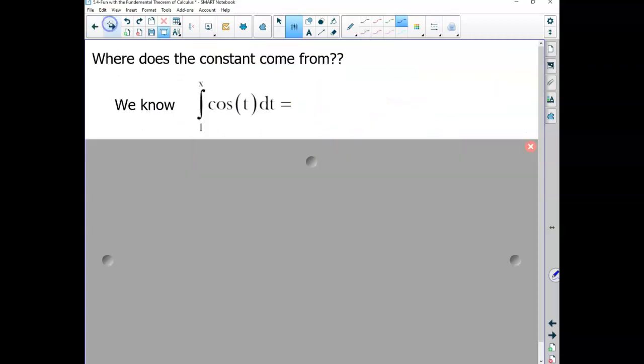Where are those constants coming from? We do know that if I took the integral from 1 to x of cosine t dt, our antiderivative of this, we said yesterday in the beginning, what was it?